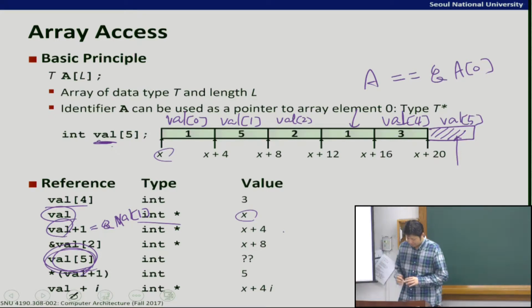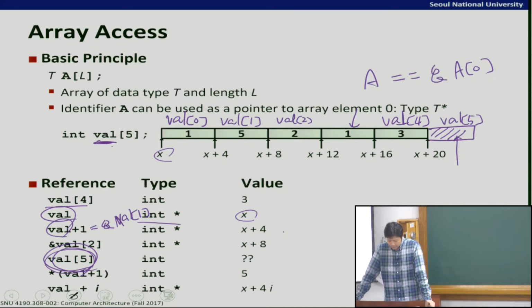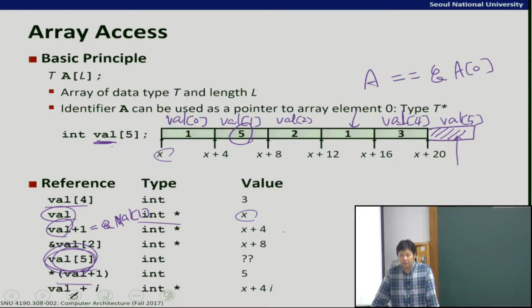So the value is unknown. And this one is equivalent to accessing val of 1. So in this case, this one refers to this one. And val plus i is pointer type again. This one will be computed as x plus 4 times i, right? Because the length of an integer is 4.